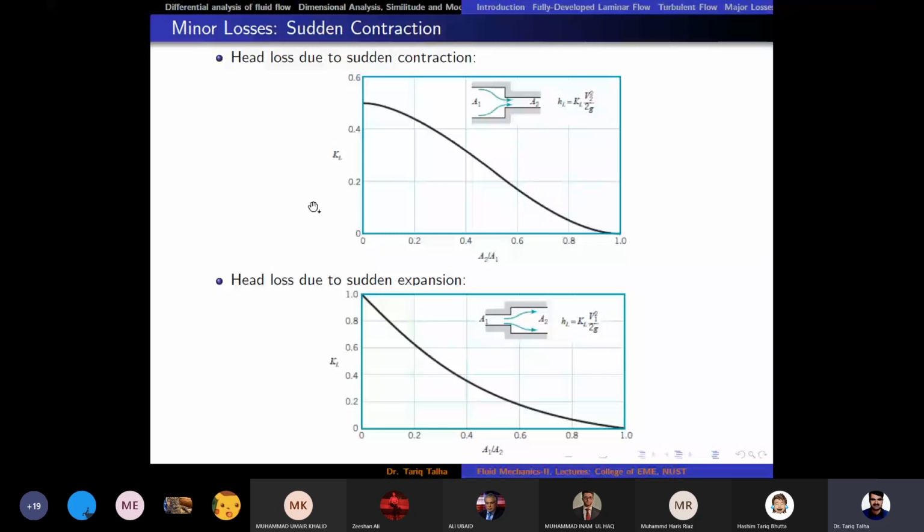The KL value for that would change depending upon the ratio of A2 upon A1. If A2 upon A1 is decreased, if A2 upon A1 is 0, what does it mean?